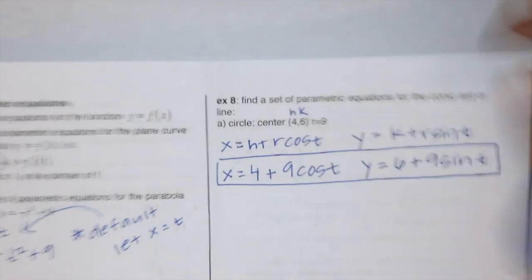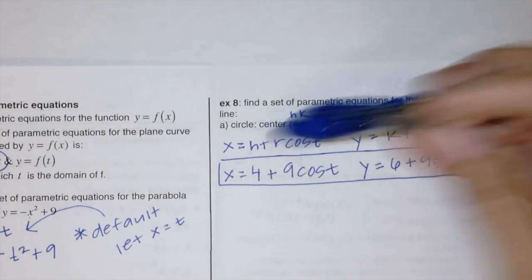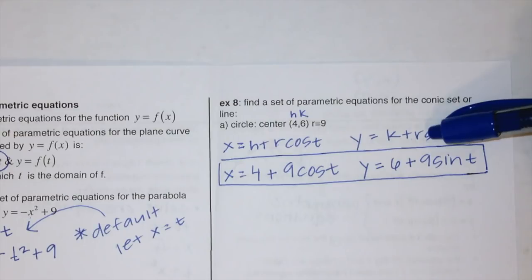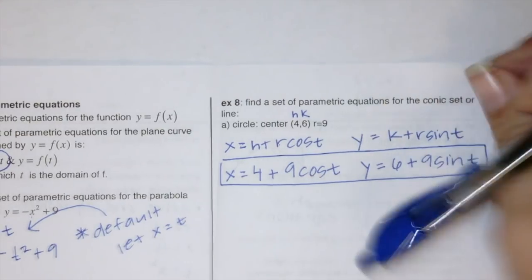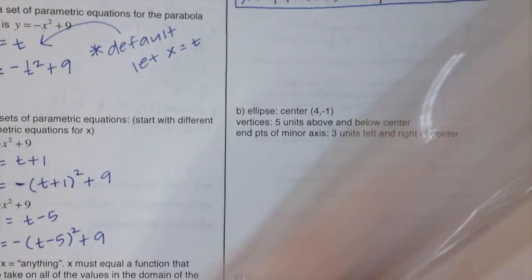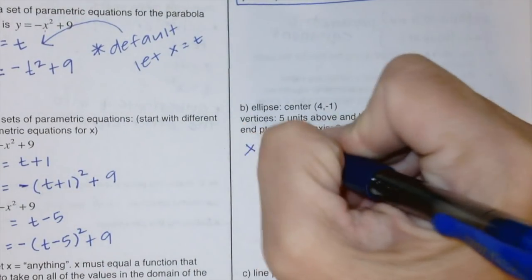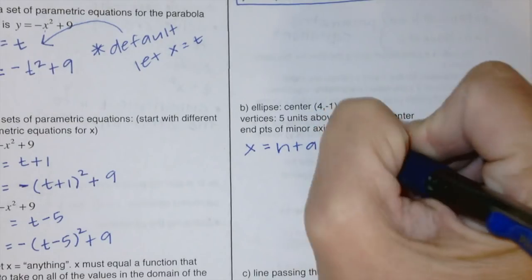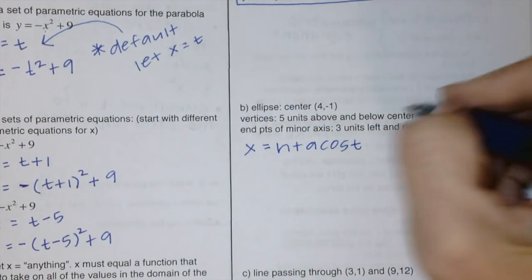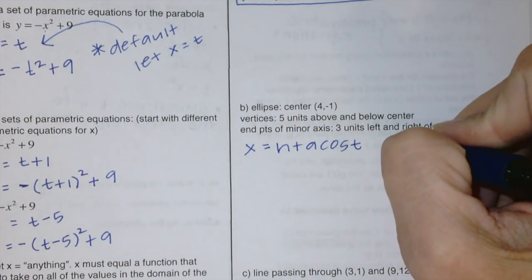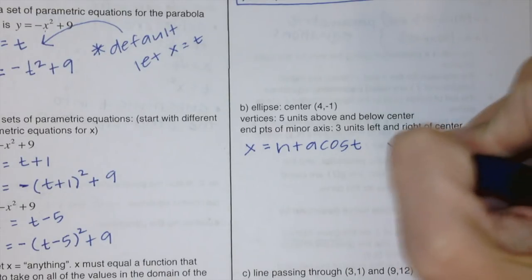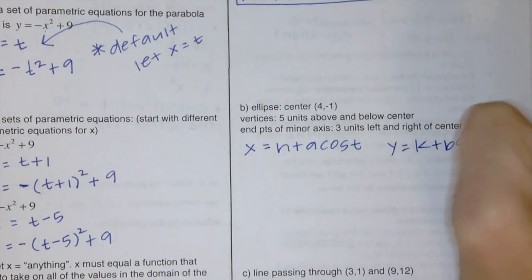Next, an ellipse. Are you going to use those same parametric equations? No, because that was for a circle. So let's look at what it says for an ellipse. It says x equals h plus a cosine t, and y equals k plus b sine t.